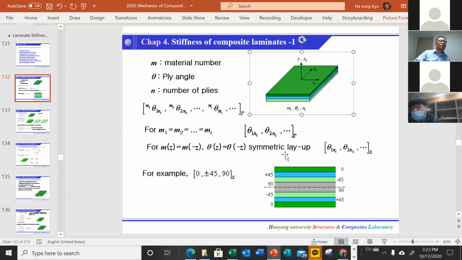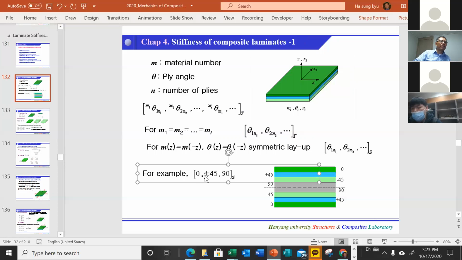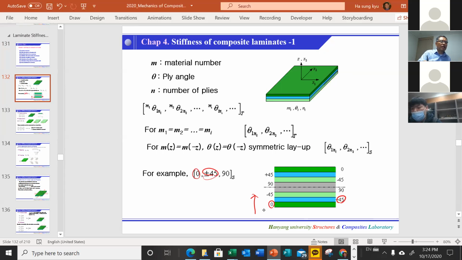To indicate laminate sequence, we use 0, plus minus 45, 90, and sometimes the S here. S means symmetric. So symmetric means starting always from the bottom, 0, plus 45, minus 45, 90 degree, and symmetric means that we're starting again as 90 degree, minus 45, plus 45, and 0 degree.